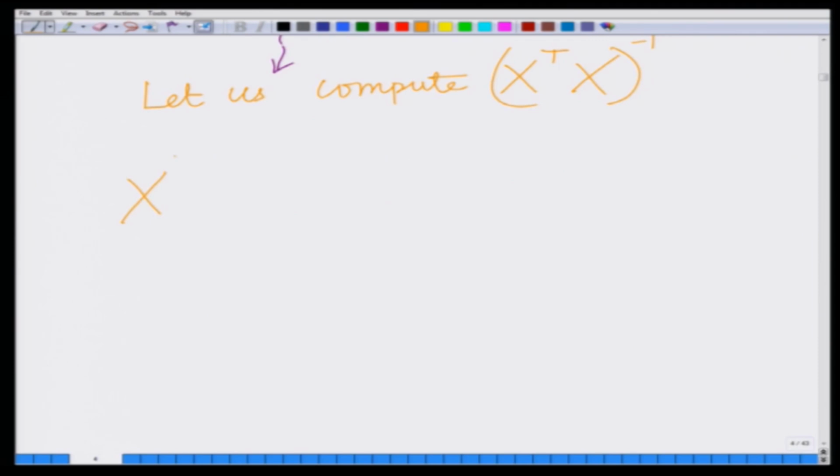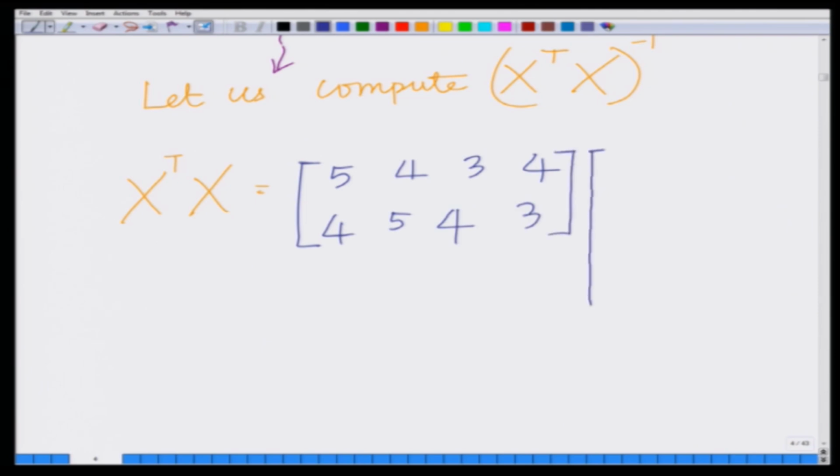Now, x transpose x, where x transpose is the transpose of the pilot matrix, is equal to 5, 4, 3, 4, 4, 5, 4, 3 times 5, 4, 4, 5, 3, 4, 4, 3.